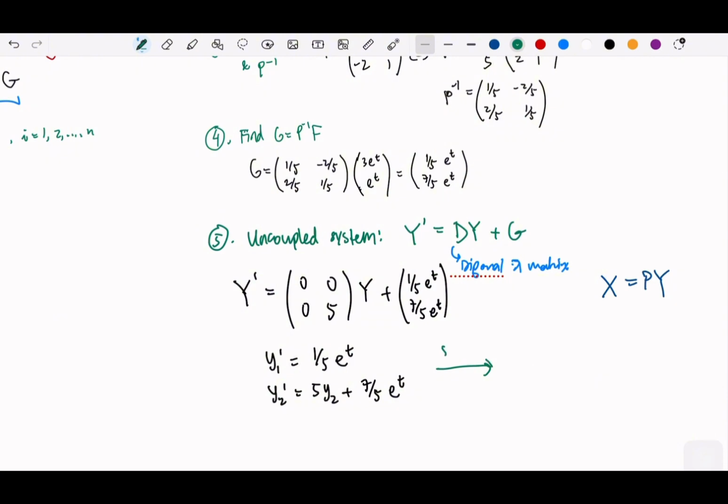And then solve the differential equations. We can use many methods. I think we can use the undetermined coefficients here.